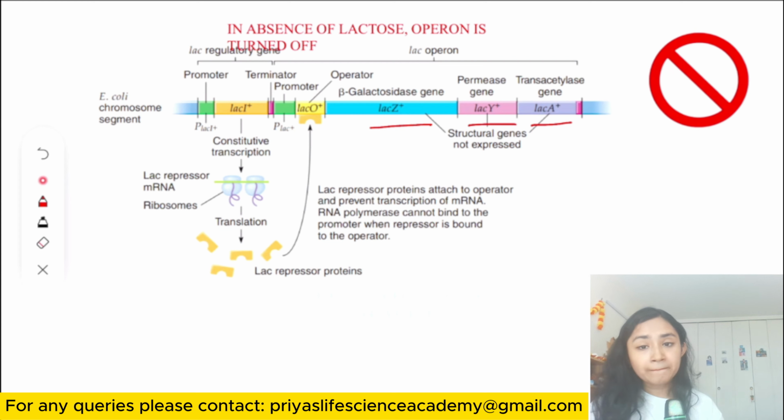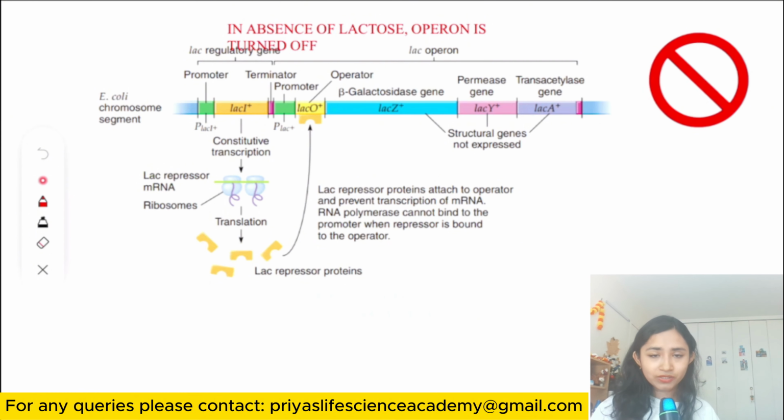But what happens in a normal situation when there is a presence of glucose? In this case, whenever there is a presence of glucose, Lac Operon is turned off. So these genes do not produce any kind of protein. Like lacZ can produce Beta-Galactosidase enzyme, lacY can produce permease enzyme, and lacA can produce transacetylase enzyme.